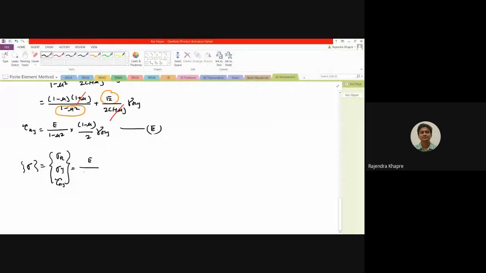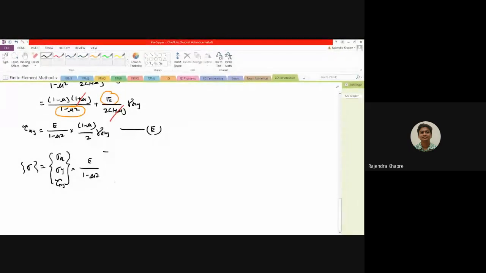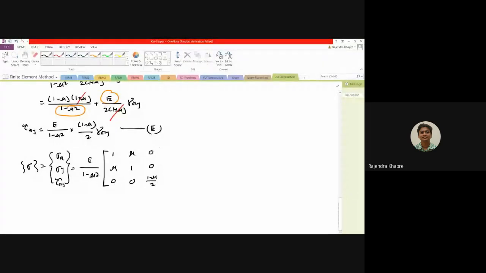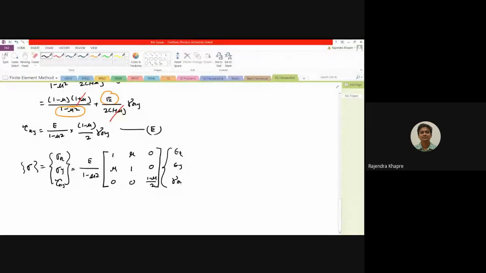I can take out the common factor, E divided by (1 minus mu square), and here you have the matrix: 1, mu, 0; mu, 1, 0; 0, 0, (1 minus mu) divided by 2, multiplied by epsilon x, epsilon y, and gamma xy.